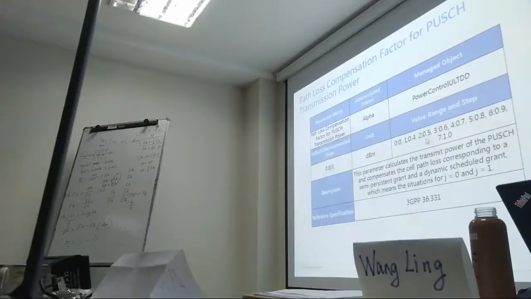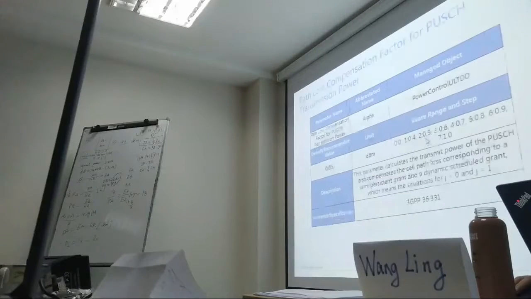Yes, it's too small. We don't recommend so small a value, except when your coverage is very good. For example, the cell is a very small cell, the path loss is not very large, so it's okay. Otherwise we don't suggest that.